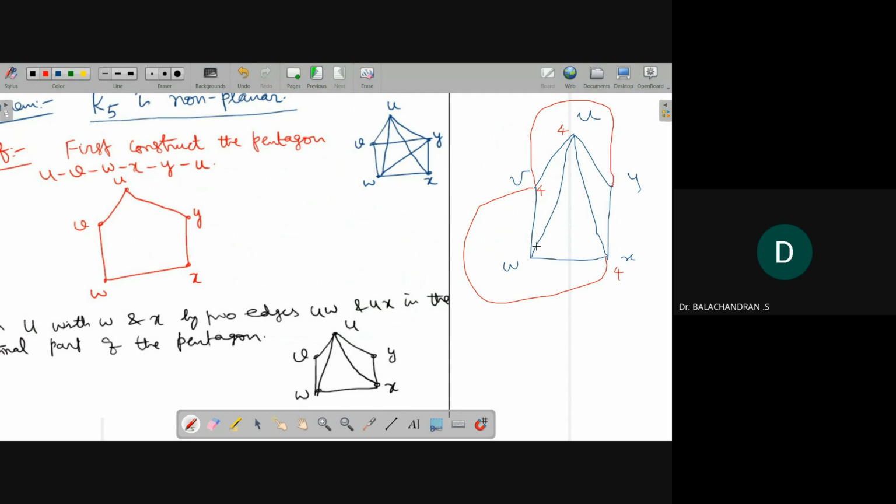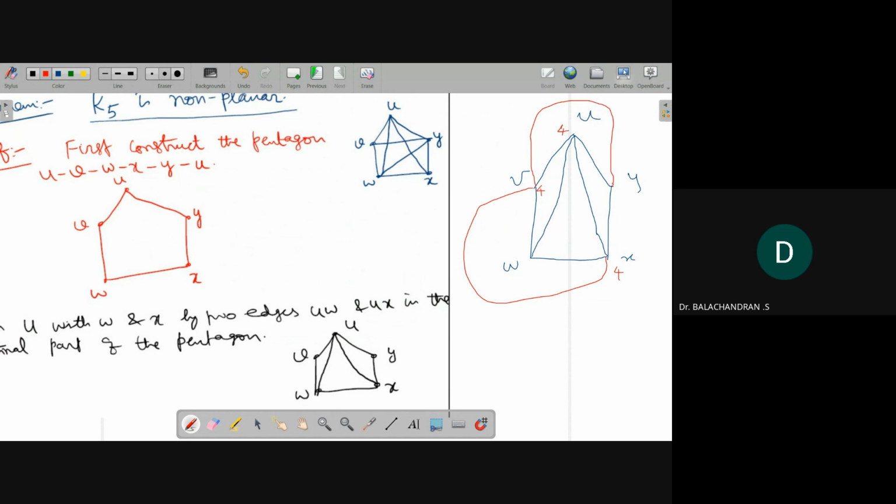So I need to join W and Y. Suppose I draw like this, it will cut this edge. Suppose I draw like this, it will cut this edge. Suppose I go like this, it will cross this edge. So anyway, if you draw between W and Y, it will cross at least one edge already drawn in the graph.